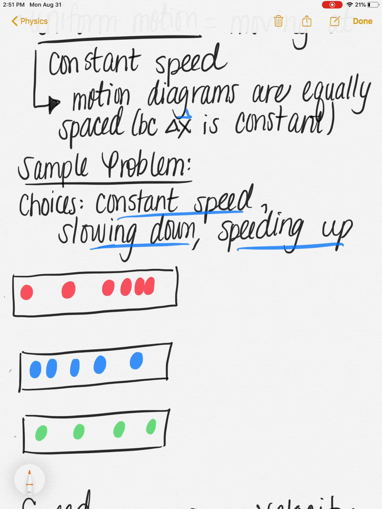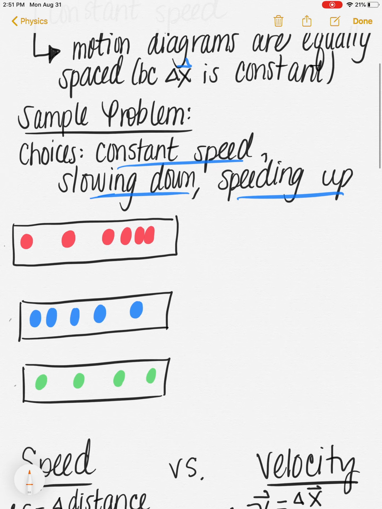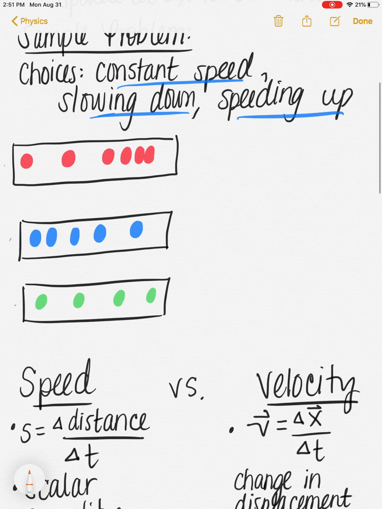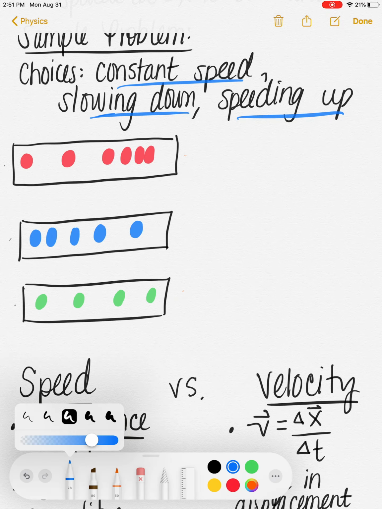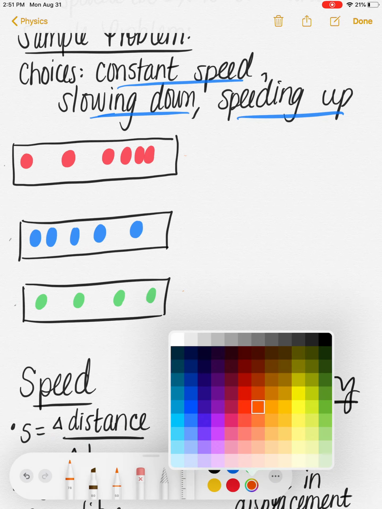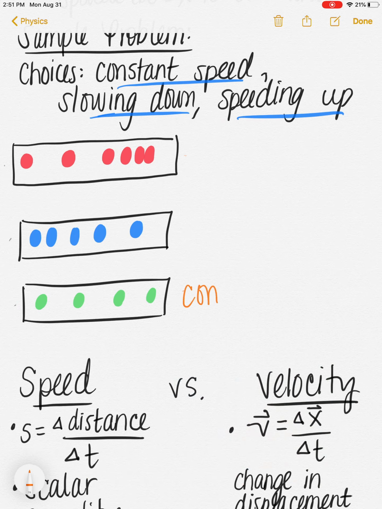So if we go back to the definition here, it said that the motion diagram should be equally spaced because you're moving at a constant speed. So out of your three pictures here, the one that would be moving at a constant speed is the one where they are equally spaced, which would be this green diagram.